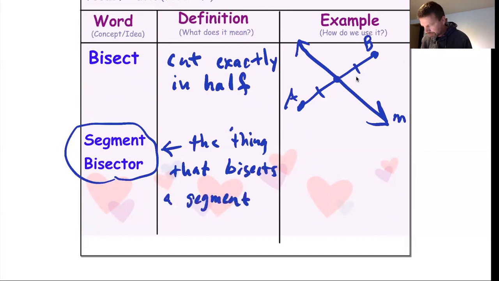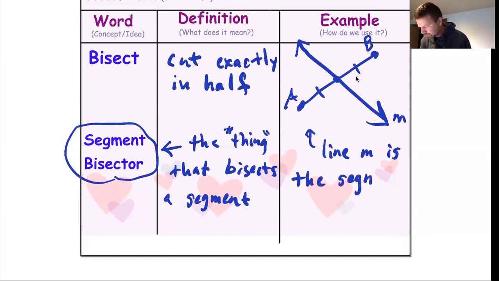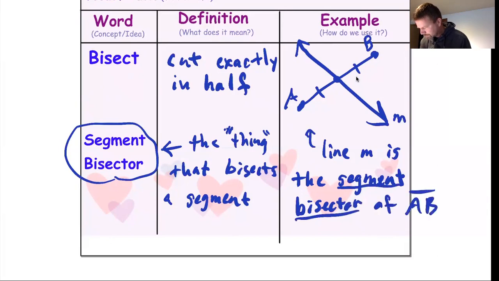In this case, that thing is line M. So I could say line M is the segment bisector of AB. Because segment bisector is the thing that cuts it in half. Line M is what's cutting AB in half.